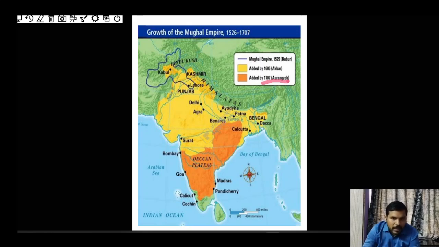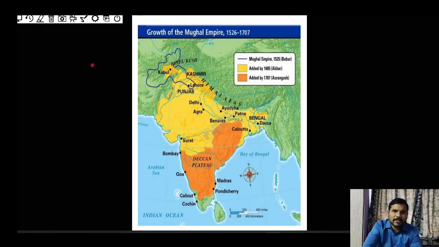In the Tughlaq dynasty, Firoz Shah Tughlaq imposed jizya, a tax on non-Muslims, and he was followed by Sikandar Lodi of the Lodi dynasty, also very harsh on non-Muslims. And then you have Aurangzeb, who is also very harsh on non-Muslims. These points you have to remember from the exam point of view.